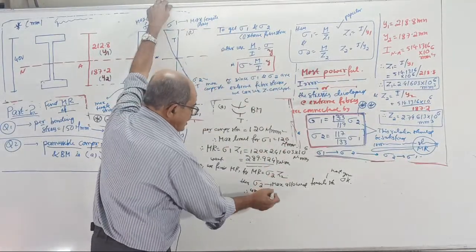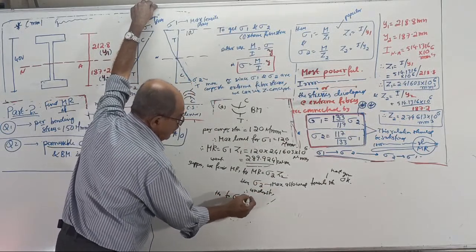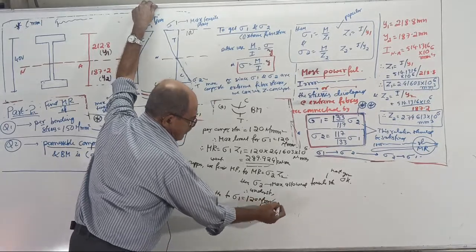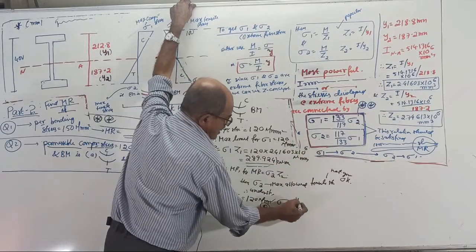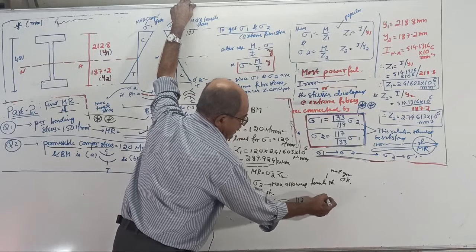So what to do now? For sigma 1 equal to 120 Newton per mm square in compression, find what is sigma 2. Sigma 2 equal to 117 by 133 times sigma 1, which is 120.